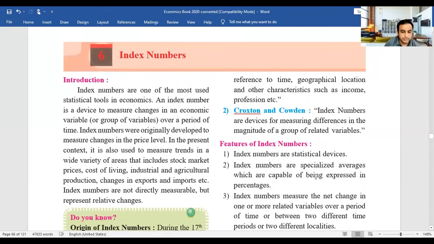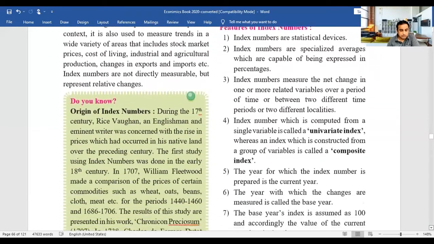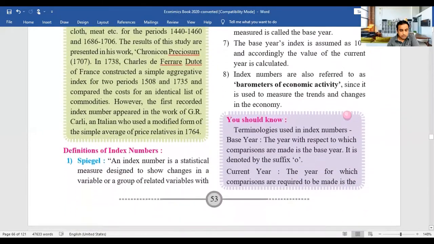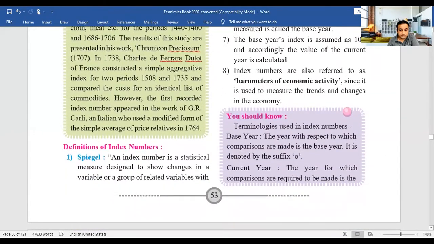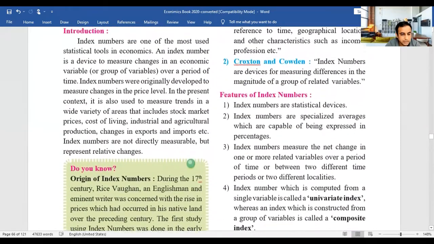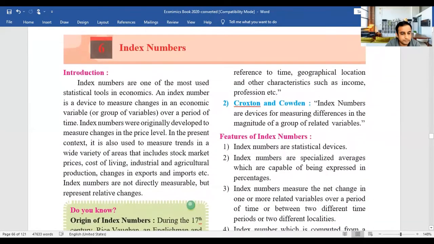So please refer page number 53 of your 12th eco textbook. So first we will revise the introductory part.